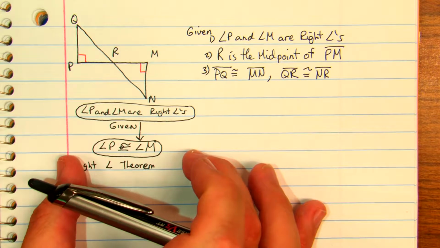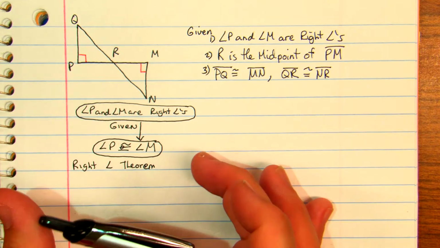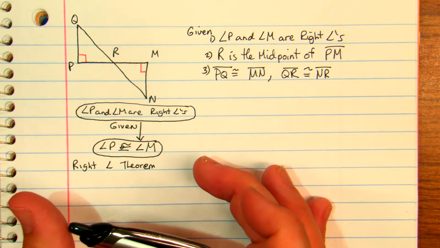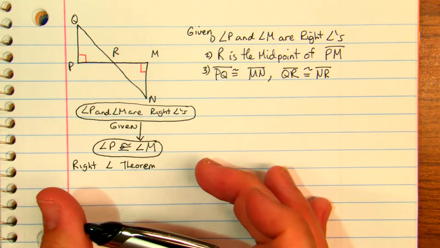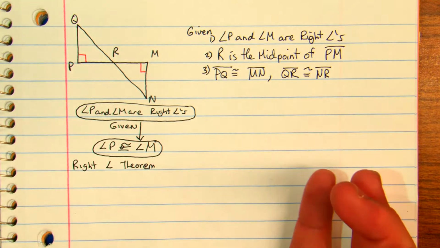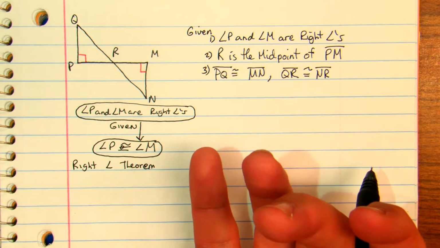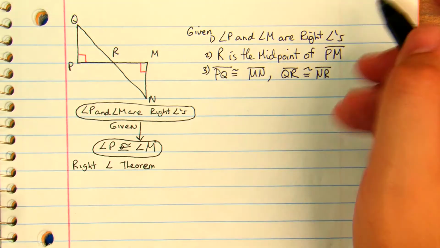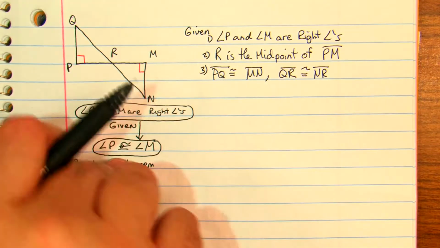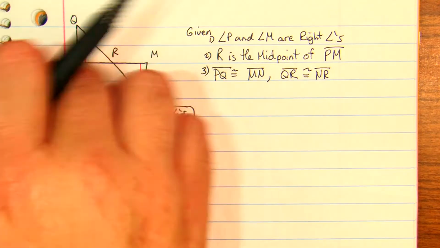Can we do anything else with it? Is there anything else that we can say about these angles? Not really. We're kind of at a dead end there. So this piece of given information only gave us this one thing, but it gave us 2 congruent angles, which is nice.